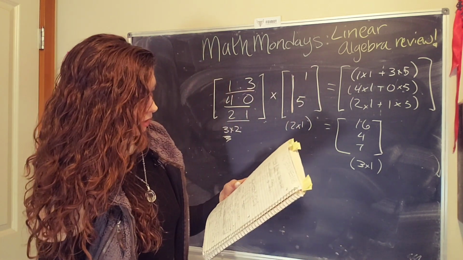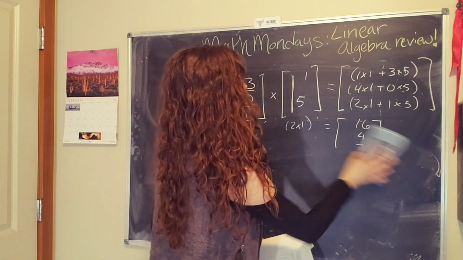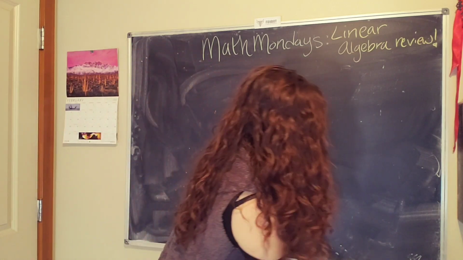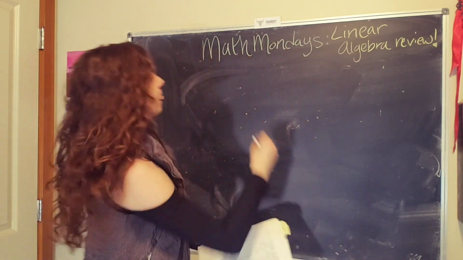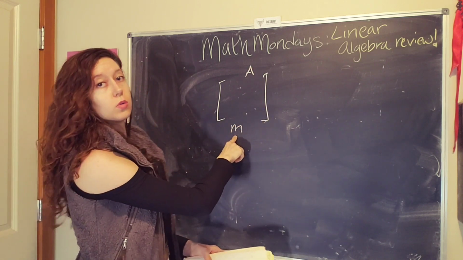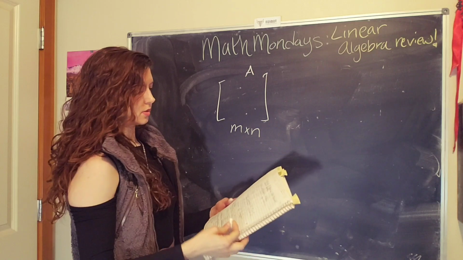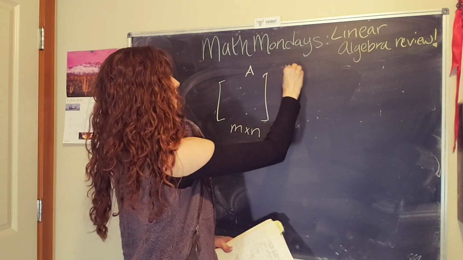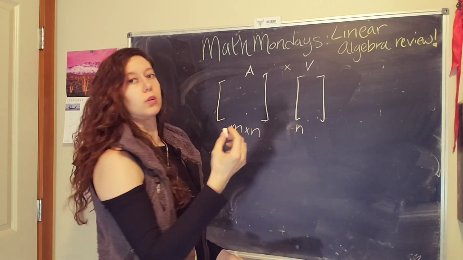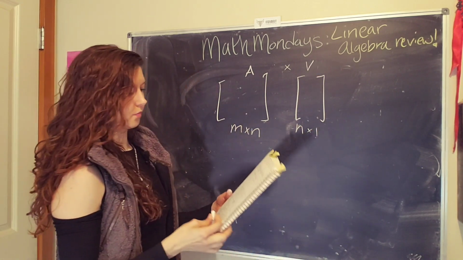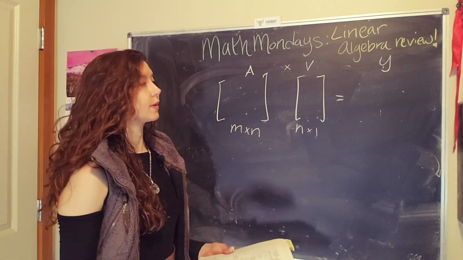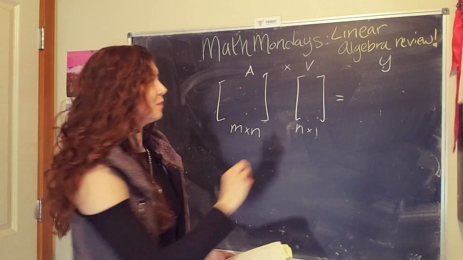Okay, so let's generalize this. If we have a matrix A that is m rows by n columns, and we multiply it by a vector v that is n rows and just one column, we get a new matrix that's a vector because it only has one column.